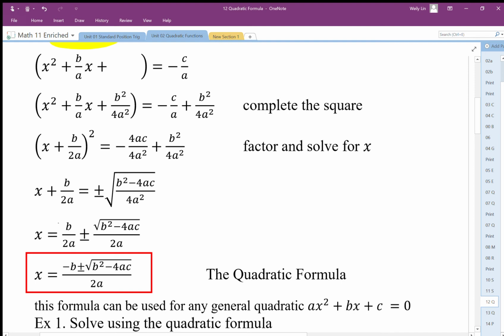So we're going to subtract b over 2a from both sides. And we're going to end up with this equation. So putting over the common denominator, so here the 4a squared, we square root. We end up with a common denominator here. And our formula ends up being negative b plus minus square root of b squared minus 4ac, over 2a.